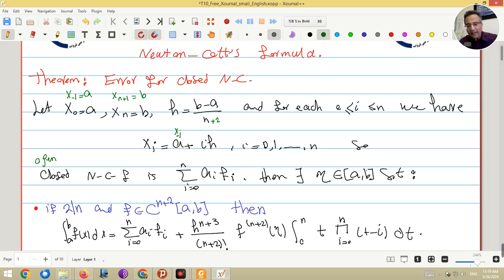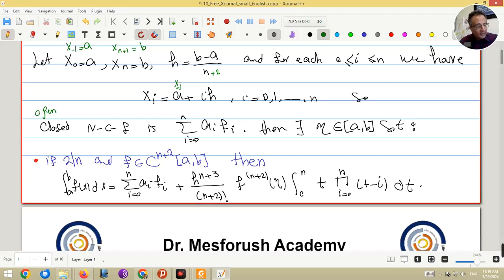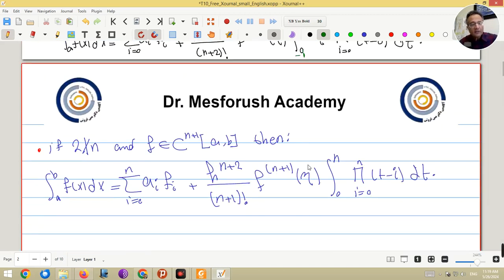Then there exists an eta in the interval a, b, such that if n is divisible by 2 and f belongs to C^(n+2) over a, b, then the integral is equal to this one, and this one is the same, and the difference is in fact the bounds of the integral, from minus 1 to n plus 1 here, and exactly everything else is like this, and nothing more.